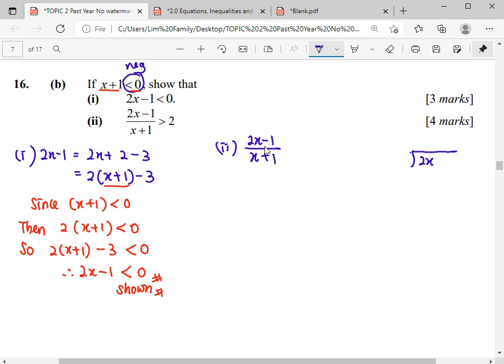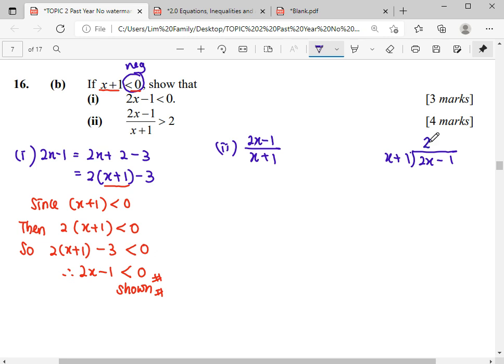2x minus 1 divided by x plus 1. We are going to divide like in secondary or primary school with numbers. We find a factor that we multiply here to get 2x. The factor is 2.